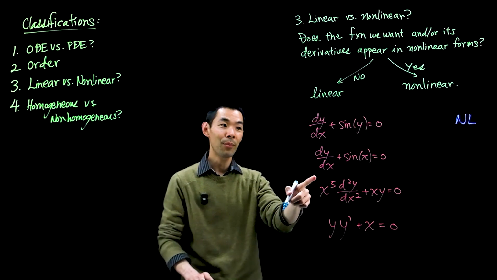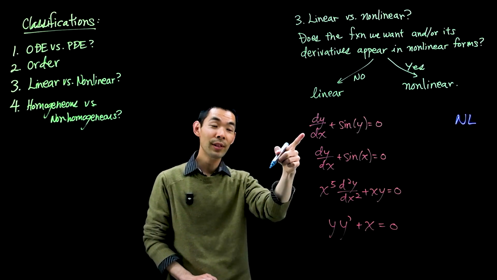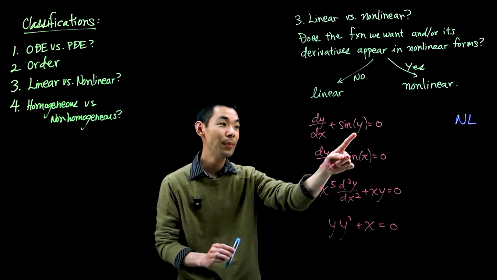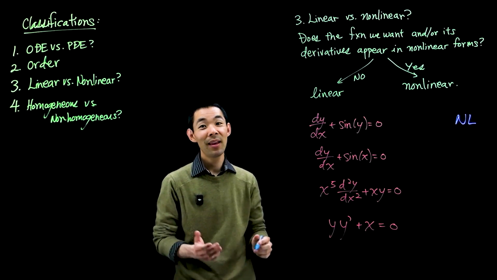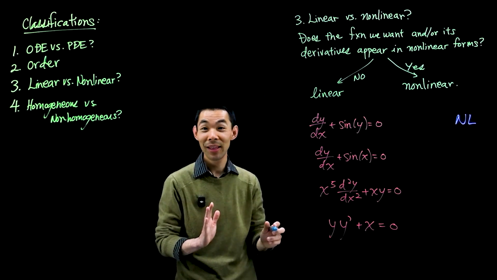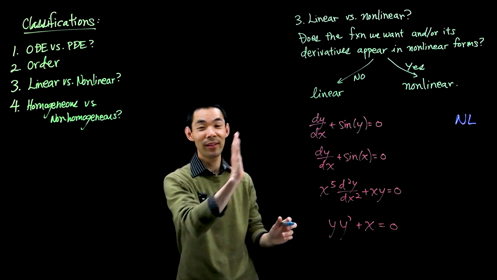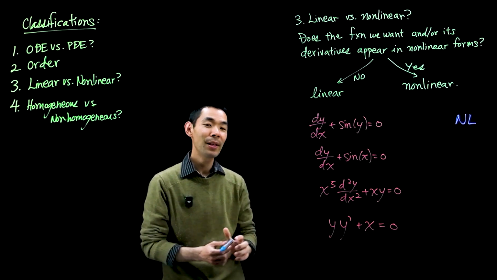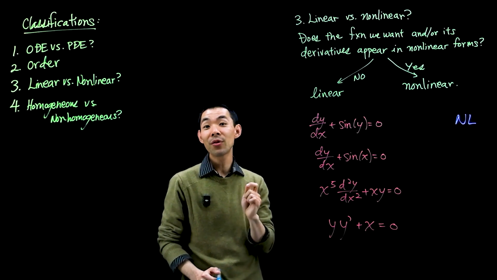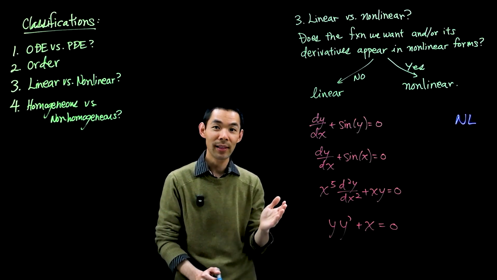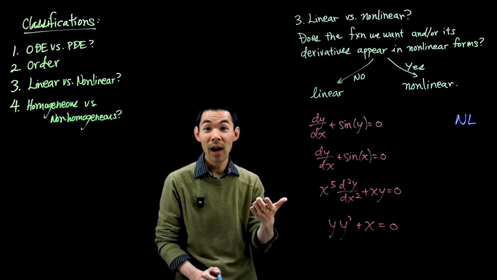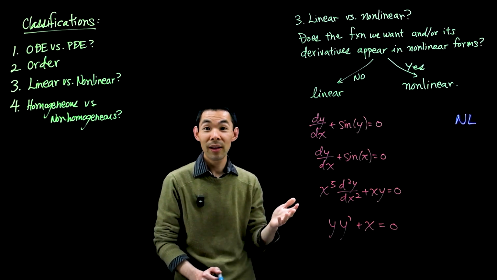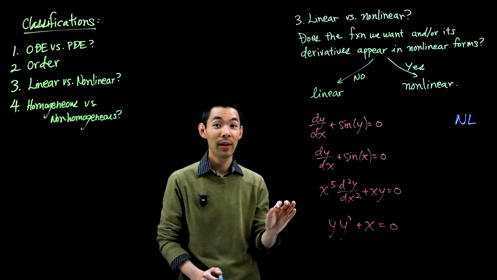Now, second example. Identical to the first case, except I've swapped out the y with the independent variable x. In this case, that makes all the difference in the world with this question. Because all we care about is the function you want, which is y in this case. The independent variable, x, time, can appear in any form it wants to.